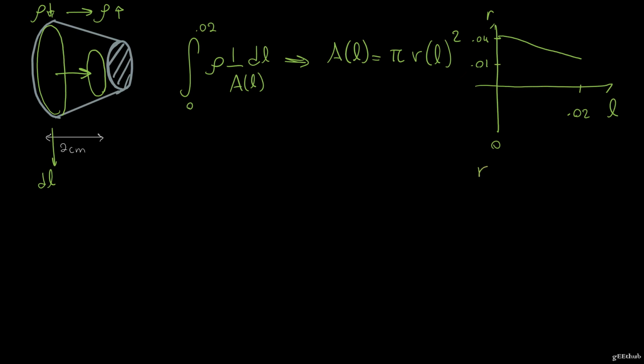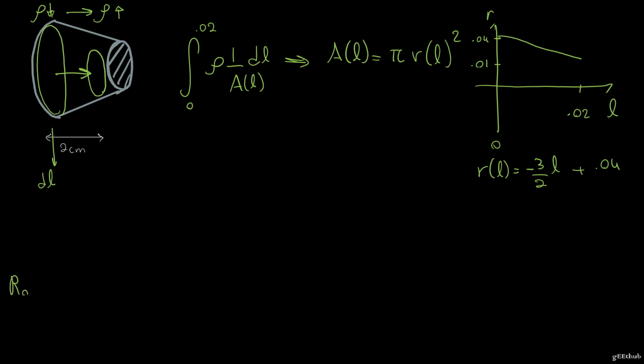And so my R(L) would be the slope of it, which is -3/2 times L plus the y-intercept, which is 4 centimeters. And we have our R(L) now. So we can literally integrate this function and get our answer.